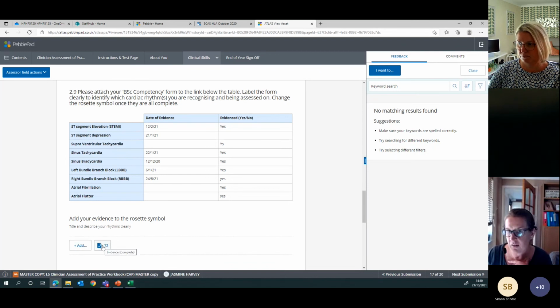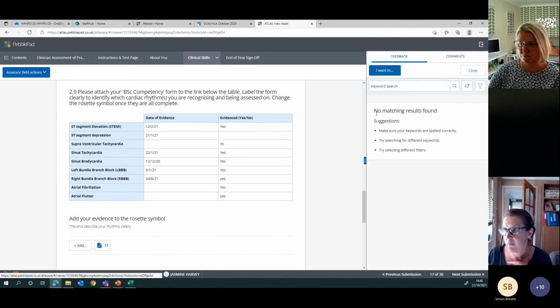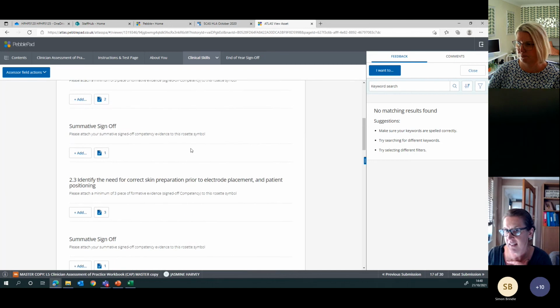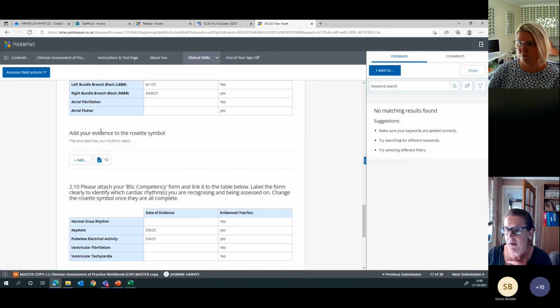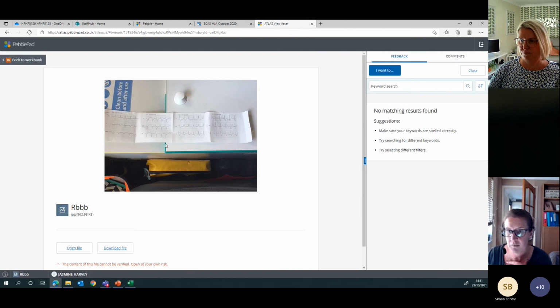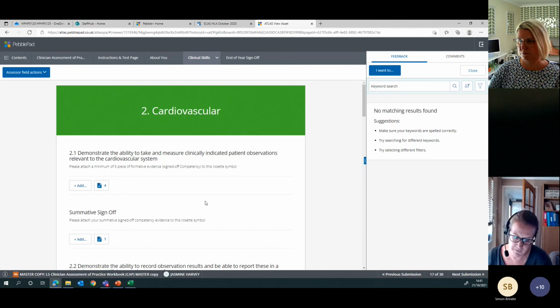So what this student has done, she's added various different witness statements, just saying that this is what she identified on an ECG, so that was competence against that one. And there's different ones added to here. Some of them are pictures of a strip that they've identified, and again, some of them are witness statement write-ups. So that's one way that the witness statements can be done.